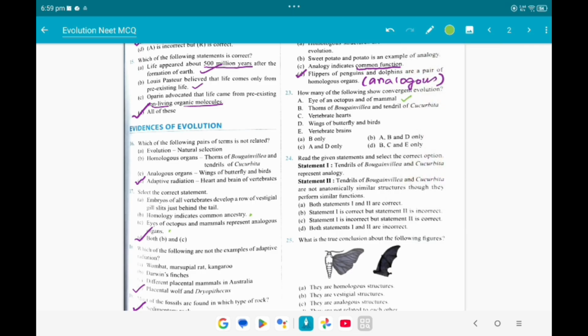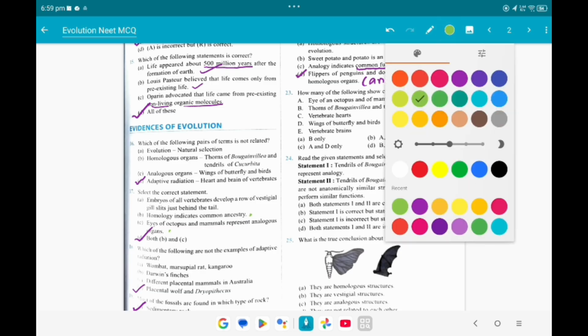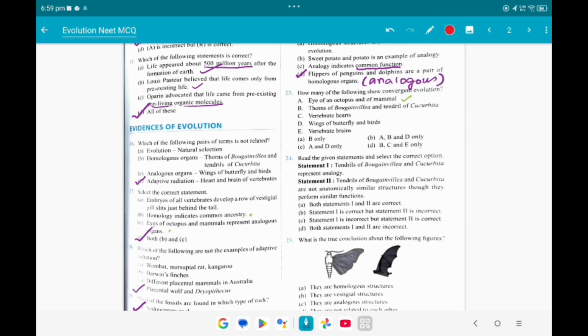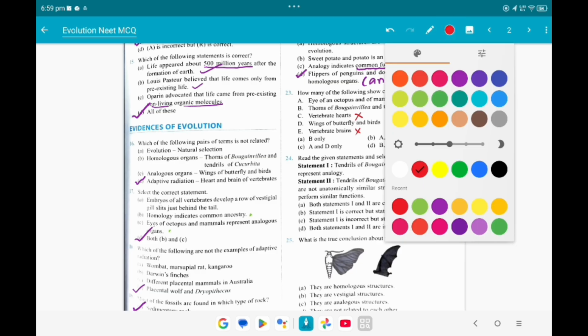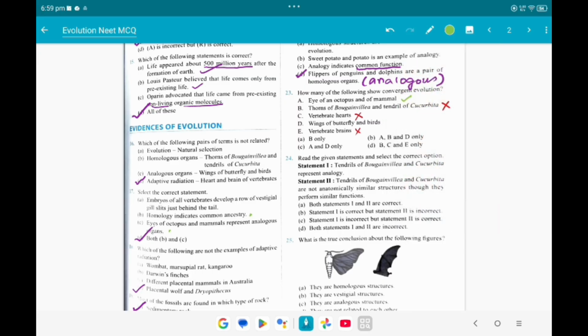Thorns of bougainvillea and tendril of cucurbita, this is not, because this is homologous. Vertebrate hearts are not convergent, they are homologous. Wings of butterfly and bird. And the vertebrate brains, again not, they're homologous, the basic core structure is the same. And wings of butterfly and birds are convergent. So our option is C, A and D.